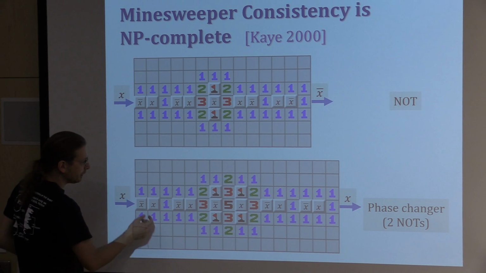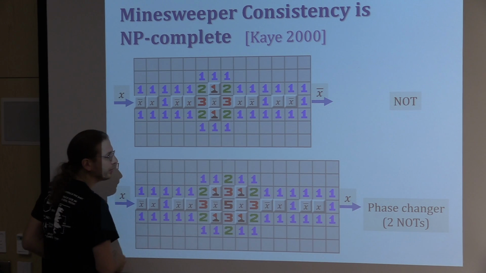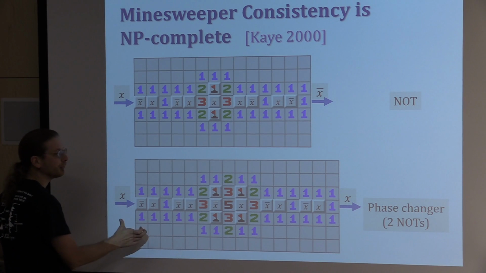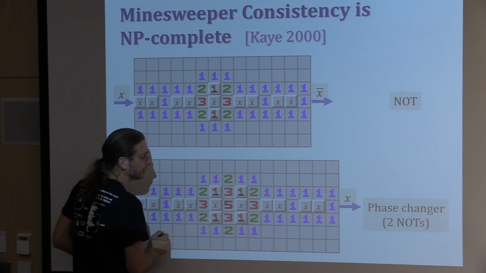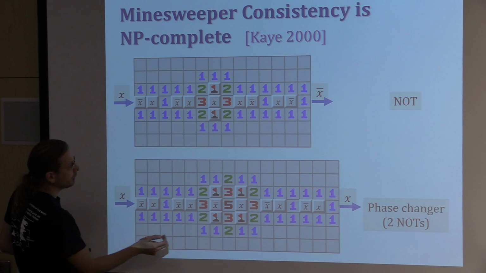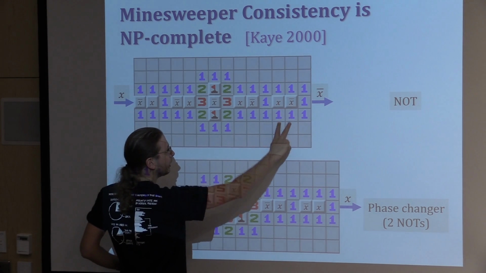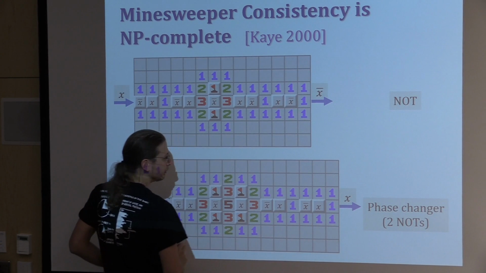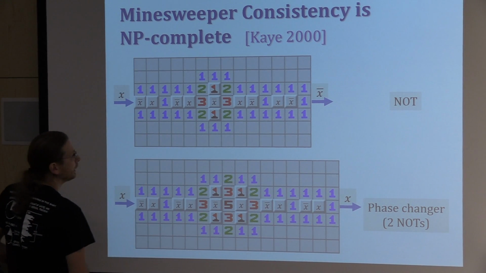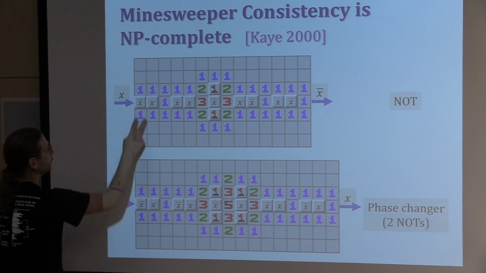So the idea is if you do 2 negations in a row, then you can end up shifting by exactly 2 and still have the same signal. So you can see here we have x bar, but down here we have it shifted 2 positions over. Or I guess it's more impressive over here.